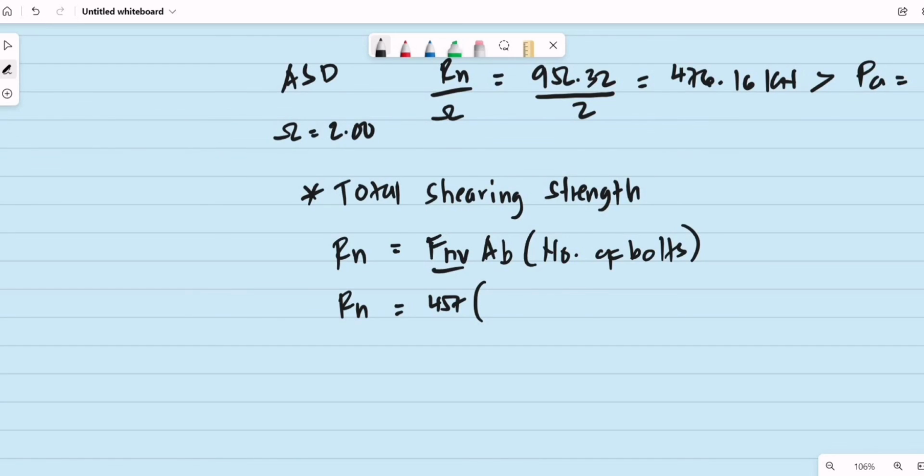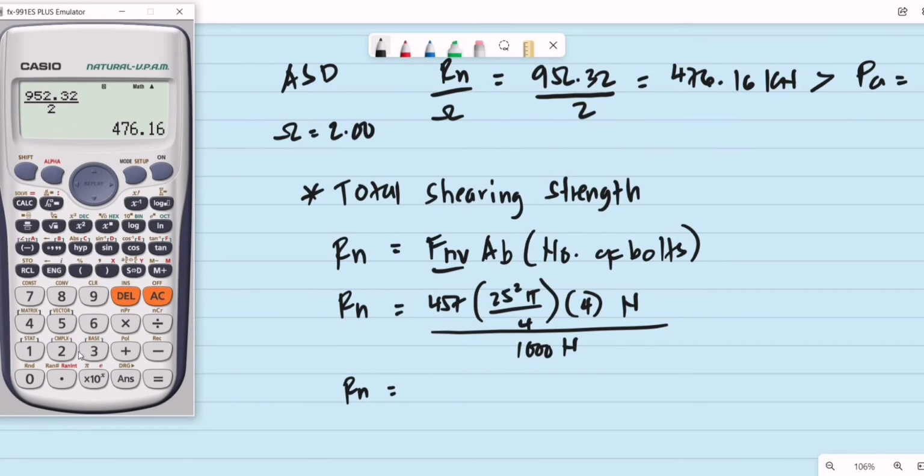Multiplied by the area of 1 bolt, we are using 25 mm. So 25 squared times pi divided by 4, and we are using 4 bolts. Again, this is in newtons, so to be divided by 1,000. So this is the nominal value, Rn.